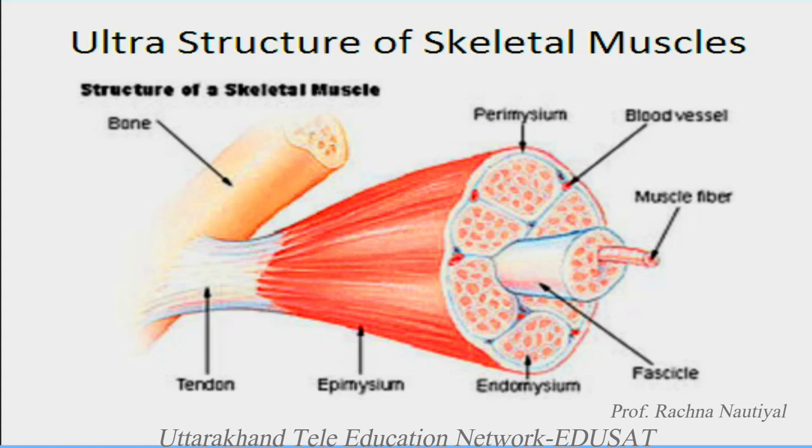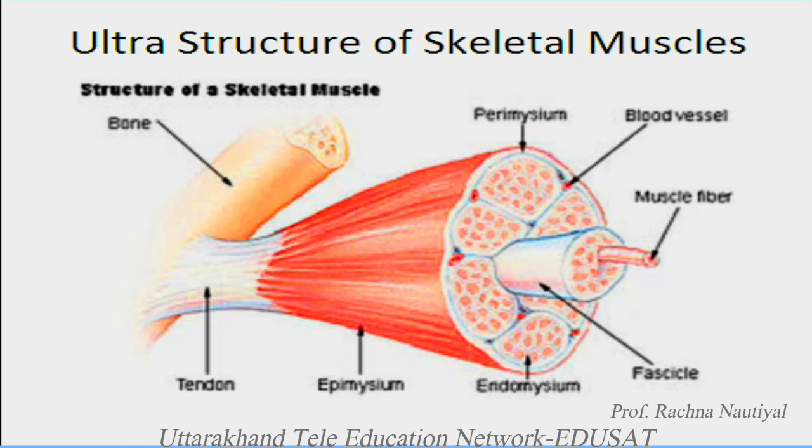This is the outermost covering of the muscle, which is known as the epimysium, and internally within this epimysium there are the bundles of muscle fibers which are called fascicles. These fascicles have muscle fibers, and the internal layer is called the endomysium, and the layer which encircles each fascicle is called the perimysium.